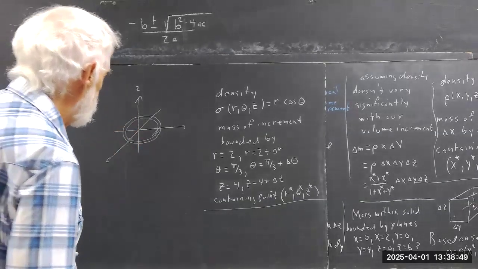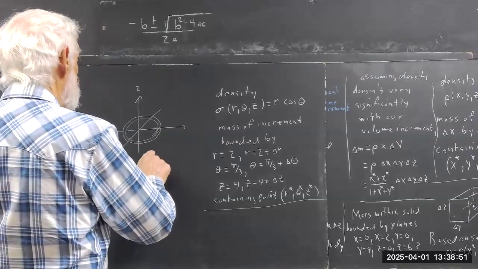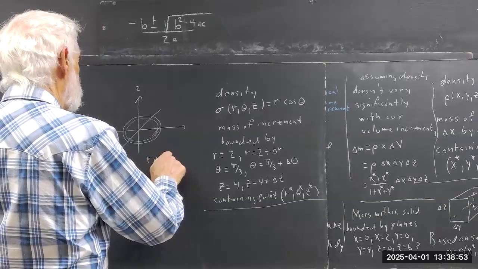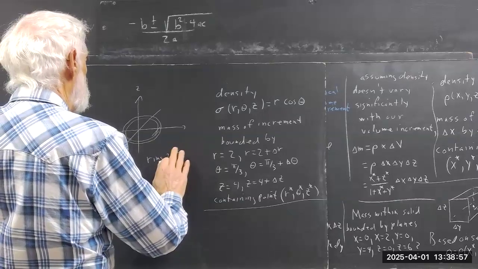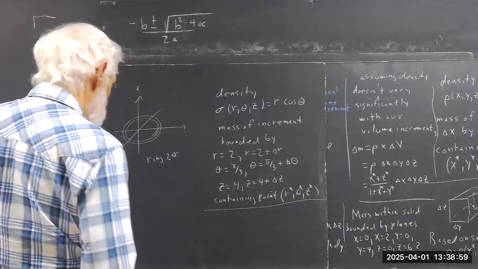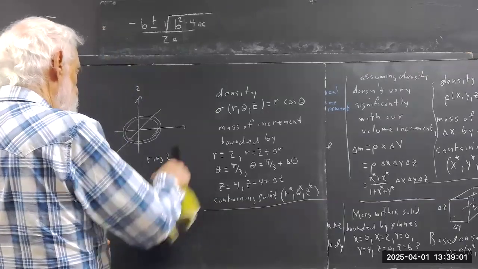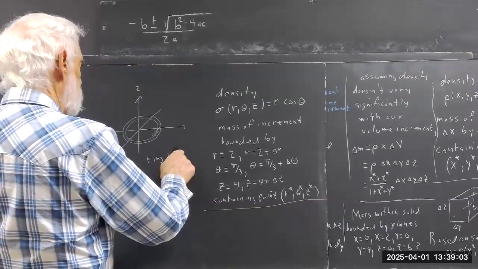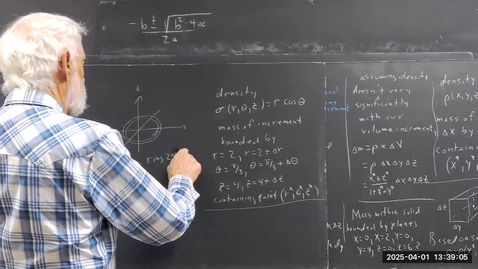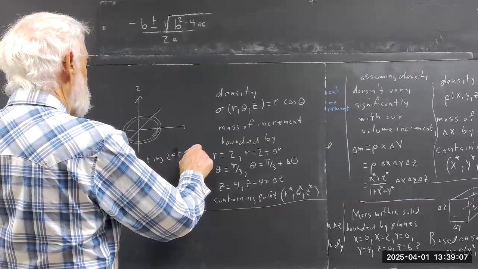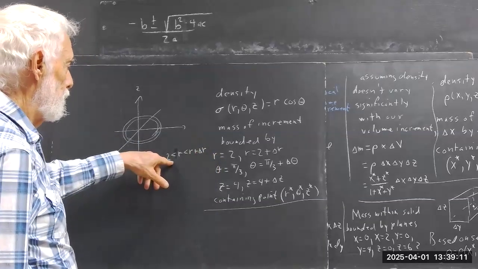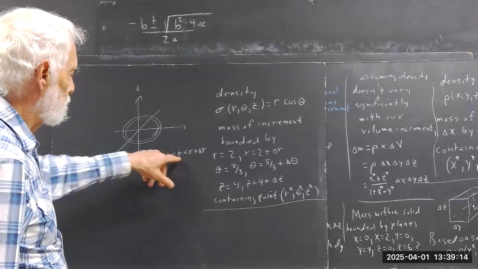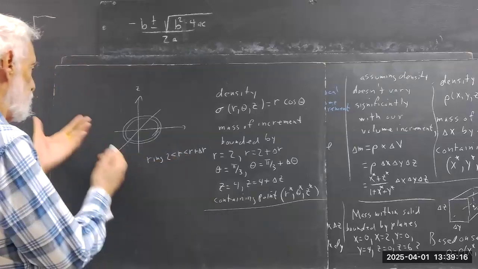This is the ring between r equals 2 and r equals 2 plus delta r.